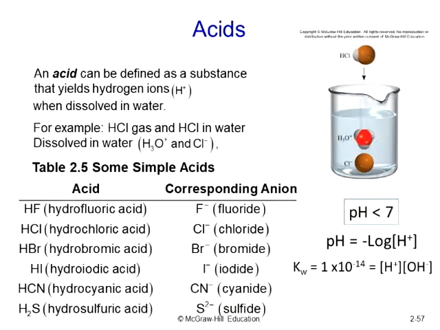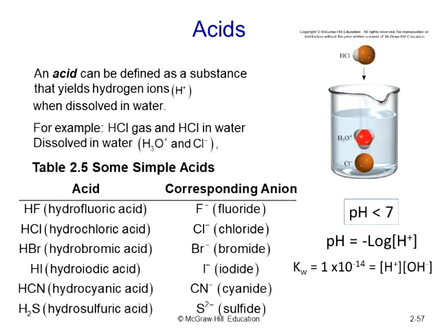Let's finish this lecture with a really broad overview of acids. The expectation is that you will simply memorize many of these acids. So what are acids? An acid can be defined as a substance that yields hydrogen ions, H+, when dissolved in water.